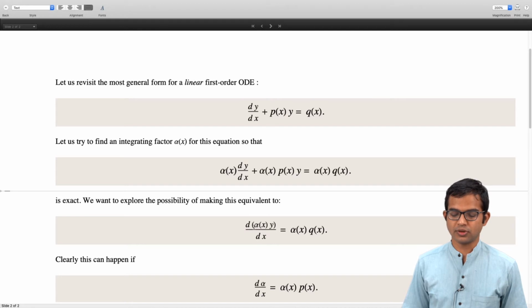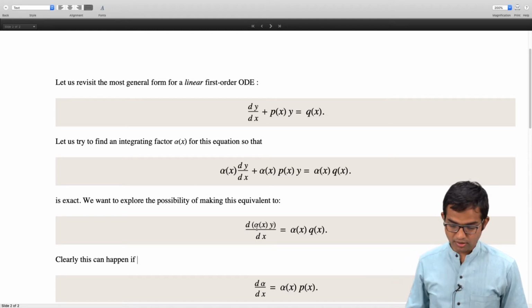It's as if you're treating alpha as a constant, and then the second part is where the derivative with respect to alpha comes in, and then y is treated as if it's a constant, right? So if this factor alpha times p is exactly equal to d alpha by dx, then indeed this will hold, right? So we must solve for an alpha such that this condition holds.